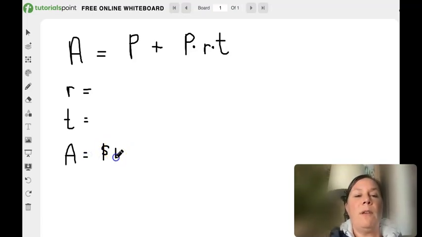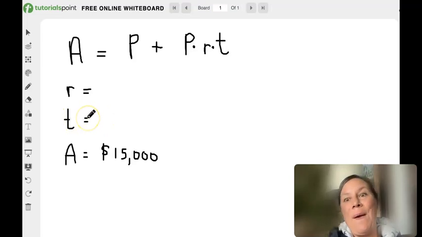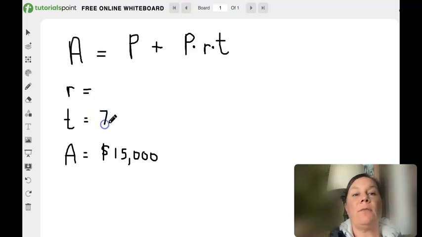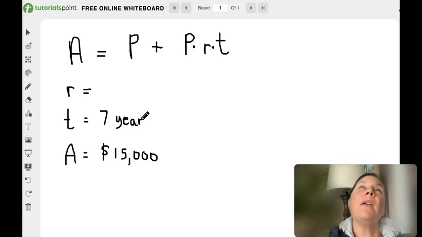Every single scenario will be choosing the amount you want at the end. So I'll choose $15,000. I will choose a time of, I need this in 7 years, okay? And I will choose a rate, let's say, of 5%.